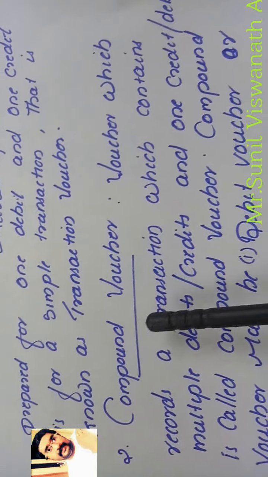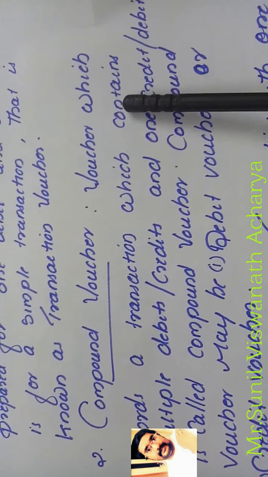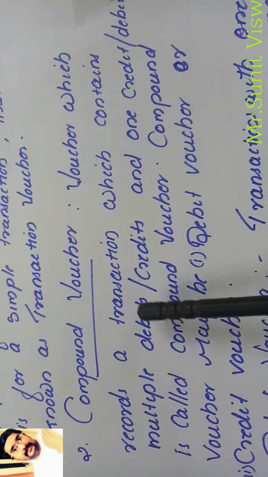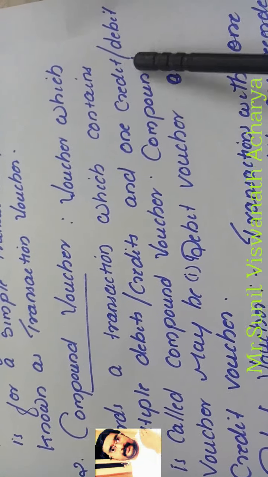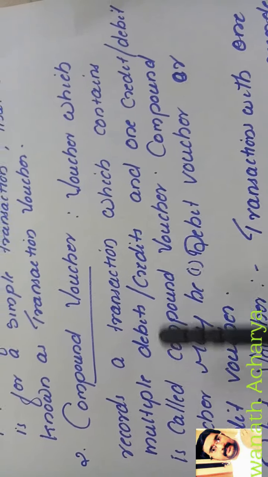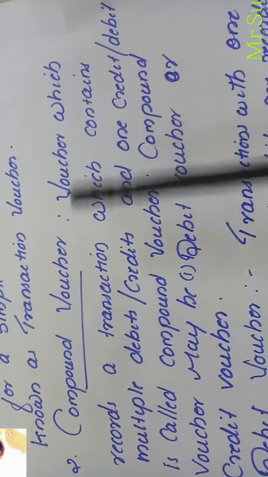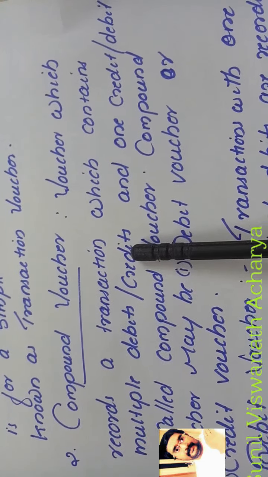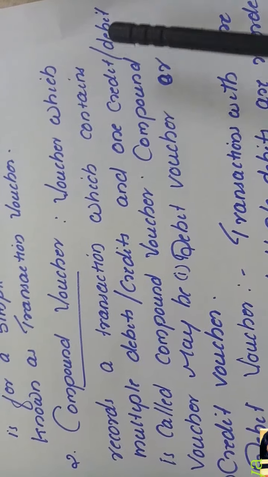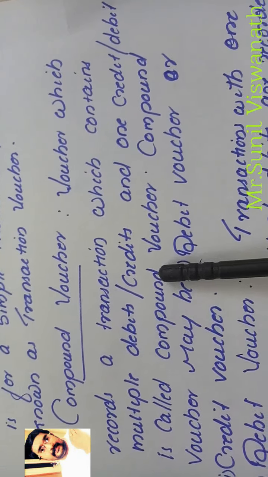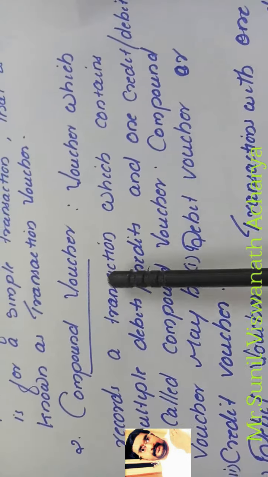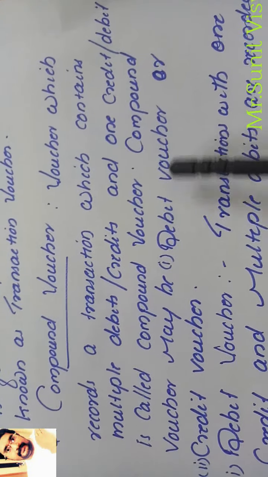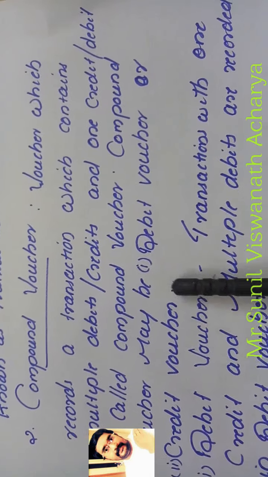Then second, the compound voucher. A voucher which records a transaction containing multiple debits and one credit, or multiple credits and one debit, is called a compound voucher. A compound voucher is of two types: debit voucher and credit voucher.